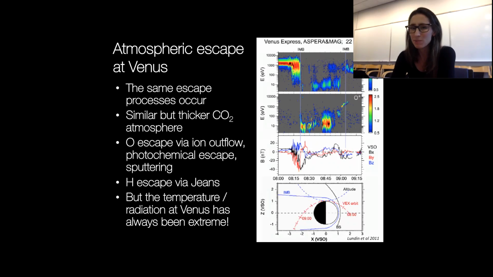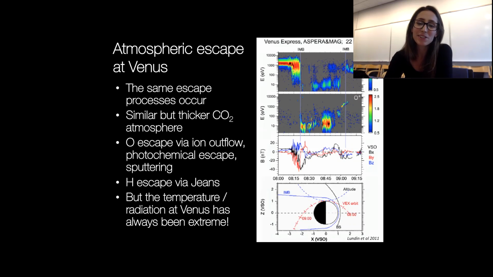When they went to build an effectively identical spacecraft for Mars, called Mars Express, they just didn't put a magnetometer on it. That was sort of on the bottom in terms of the funding cut, so it never went with the magnetometer. So VEX and MEX didn't quite measure the same things at their respective planets, and that's why when MAVEN finally came, we got to measure all those neat things.